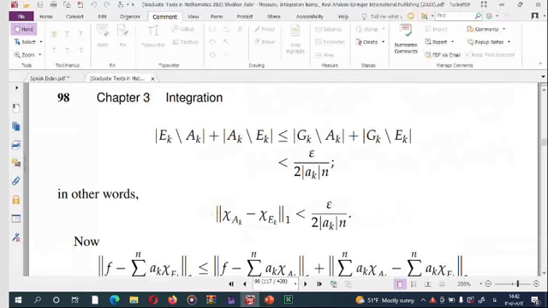So that this norm 1 equal to this summation, and this is less than this positive real number.